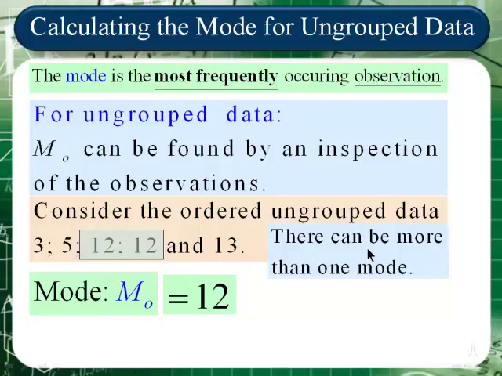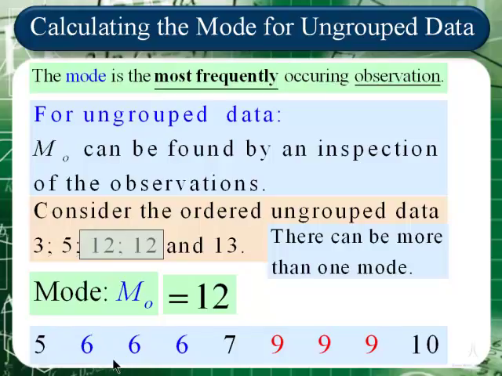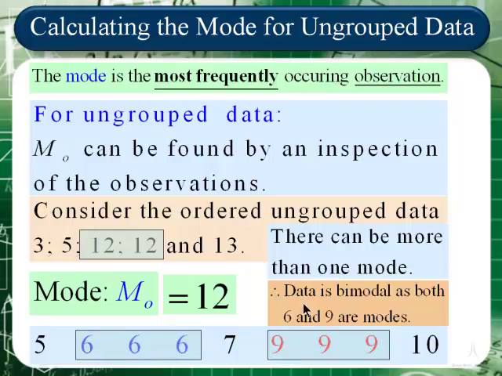There can sometimes be more than one mode. Looking at this, you will see that the observation 6 has a frequency of 3, and the observation 9 also has a frequency of 3. So therefore 6 as well as 9 are modes for this data.